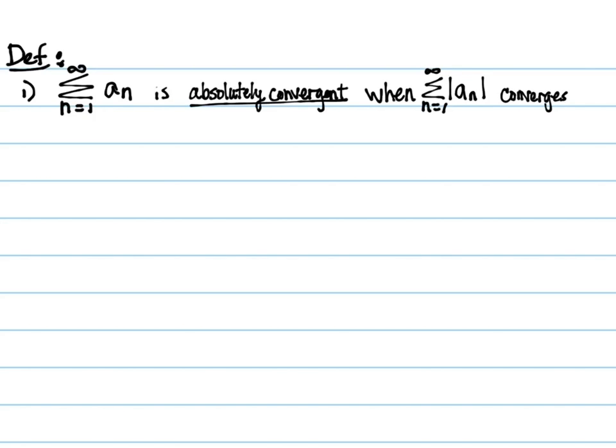So when the absolute value of a sub n as a series converges, then we call the series absolutely convergent. And unfortunately, that doesn't always happen.